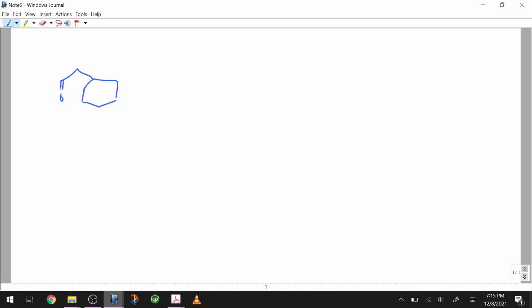So I had this, and I had this. So we're just going to abbreviate it like this, since that's the only part of the molecule doing anything.